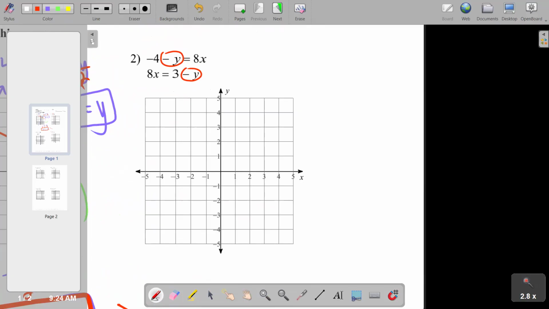So on the first one, if I shoot that y across the equal sign, then it becomes a positive y. But the trade-off is that if I move y over, then the 8x is now in its way. So 8x has to shoot back across, and it becomes a negative 8x. And then the minus 4 just stays put like that.